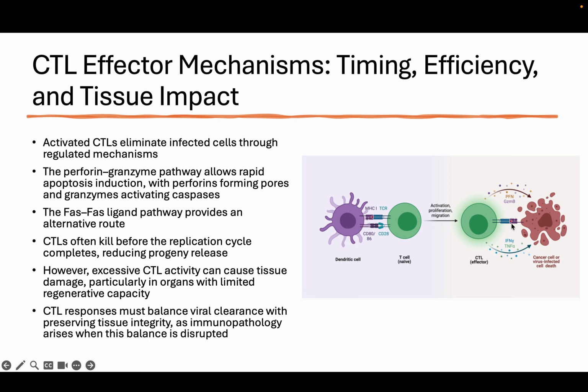Usually through this MHC1 interaction, but also through the Fas and Fas ligand pathways, releasing a lot of interferons, but also granzymes and perforins to kill. So they're very, very important when it comes to virally infected cells.